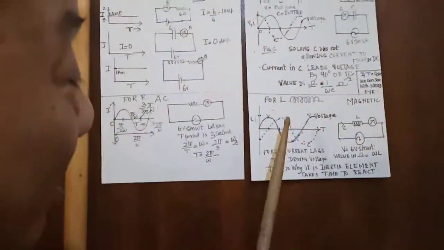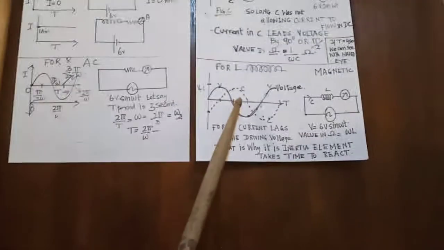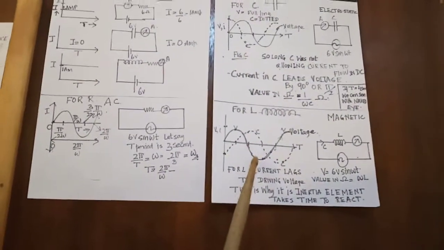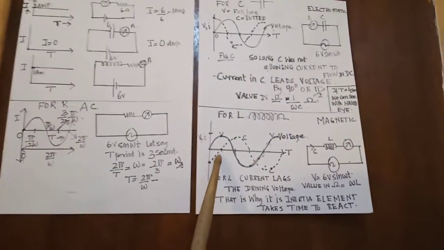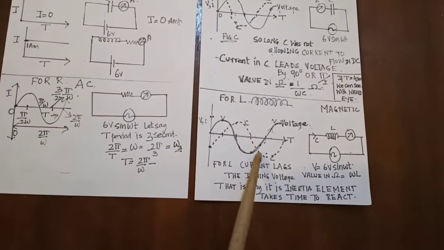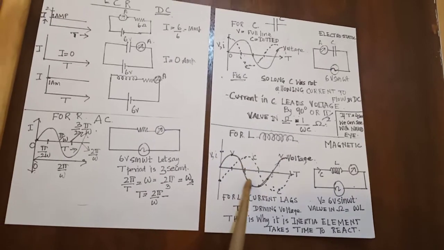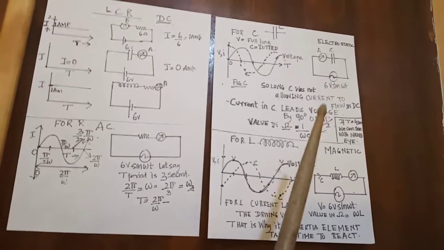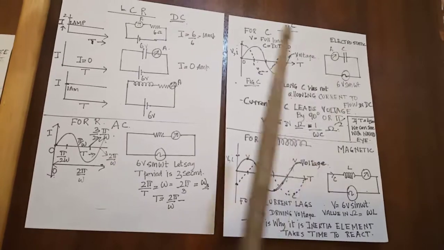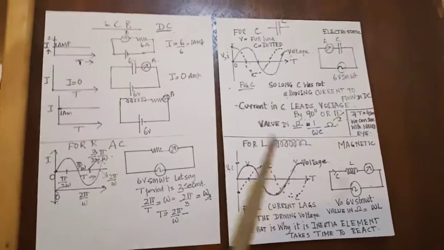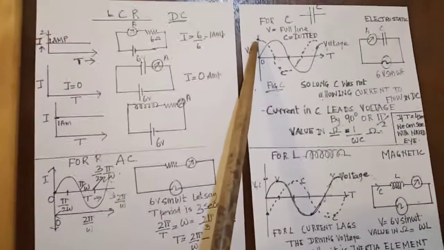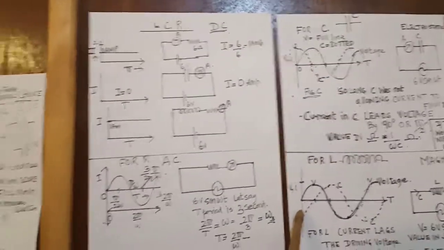And then it will be plus. That means the dotted line current is lagging. One is leading and one is lagging. So remember, the phase may be the same: here 90 degrees, here also 90 degrees. But this is a 90 degree lead and this is a 90 degree lag.